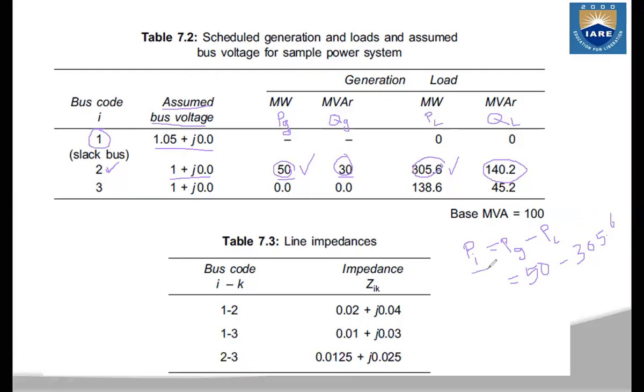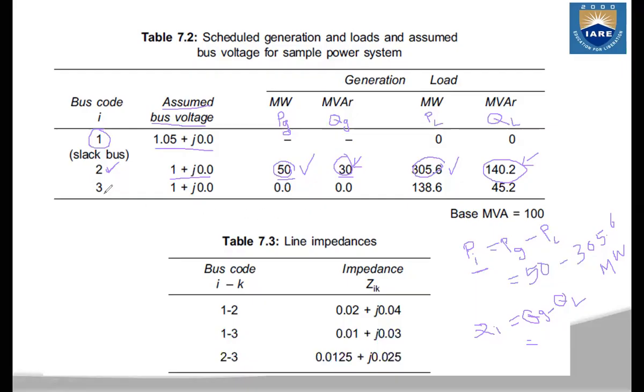This is the real power injection in megawatts. Similarly, reactive power injection QI can be determined as Q generation minus Q demand, which is QL. Q generation here is 30 and QL is 140.2. You subtract these two, then you will get the reactive power injection at bus number 2.